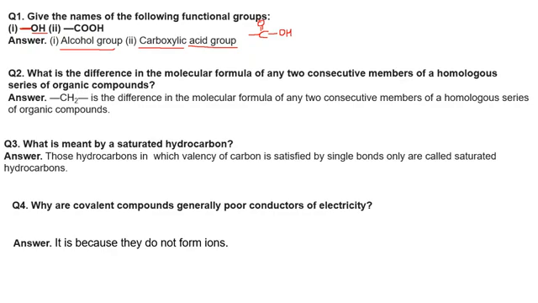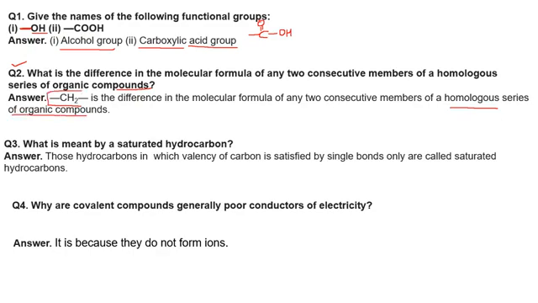Now coming to question number 2: what is the difference in the molecular formula of any two consecutive members of a homologous series of organic compounds? Before, we know that it is CH2, only CH2.